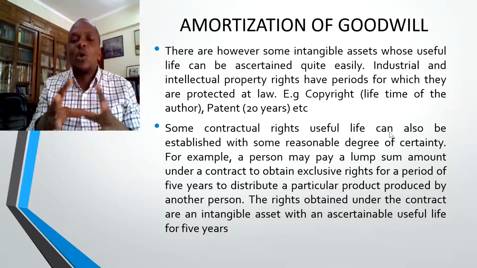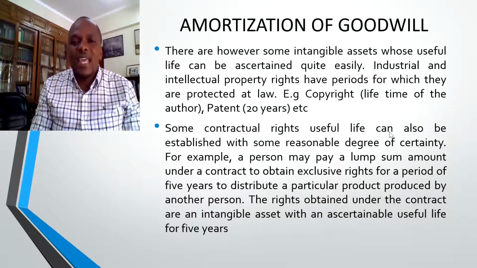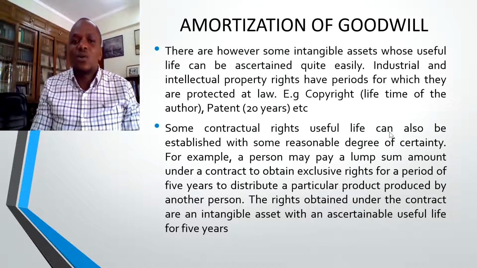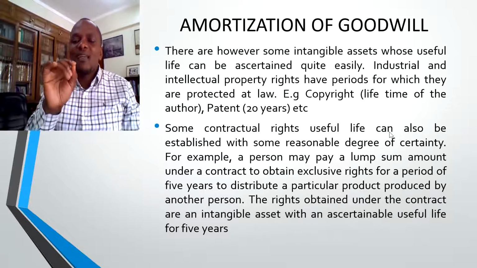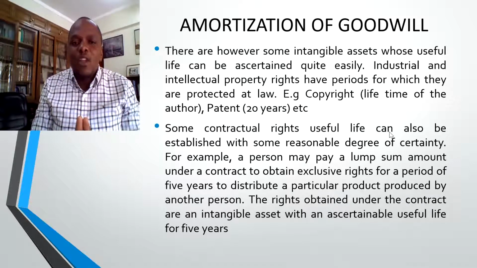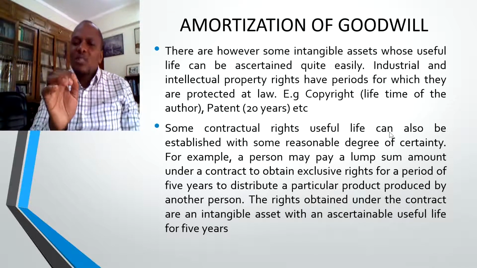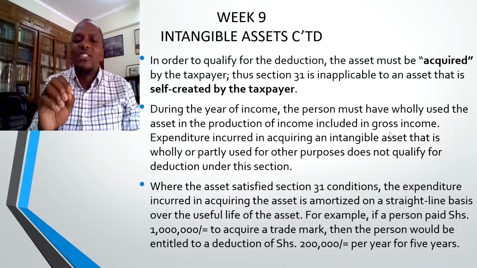So it means you're going to amortize that particular asset for a period of 20 years. So you will have to look at it. If there are contractual rights, the usefulness can be established with some reasonable degree of certainty, because the contract will specify the period, the duration of that particular contract.